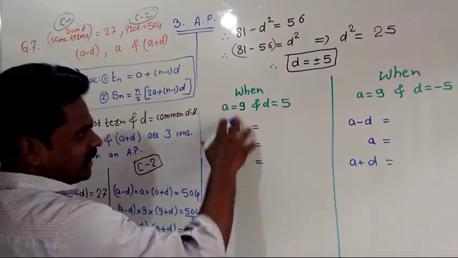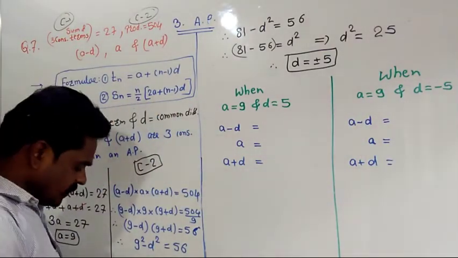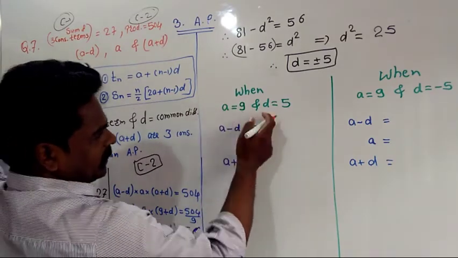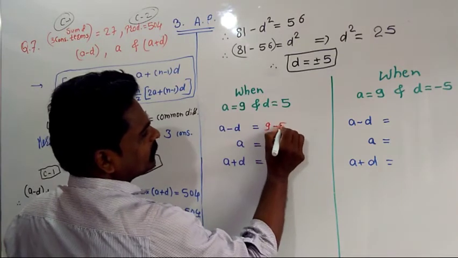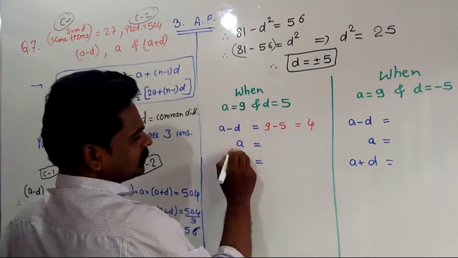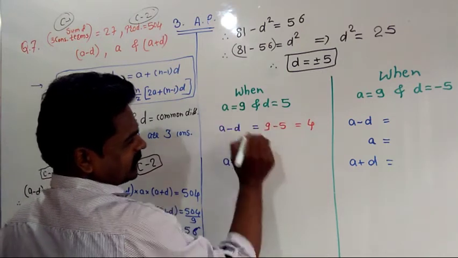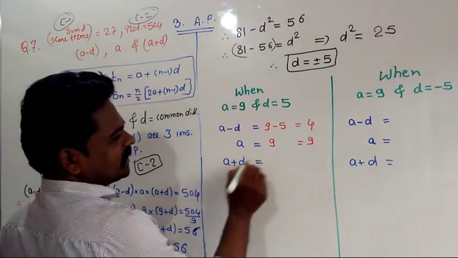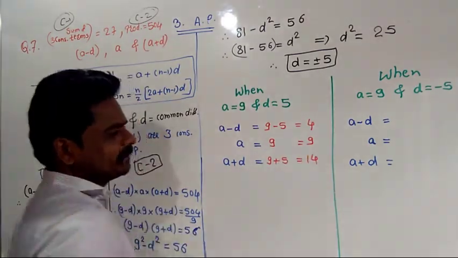Here a minus d, we know a and d, so 9 minus 5 is equal to 4. A is 9, so it is equal to 9 only. A plus d is 9 plus 5, which is equal to 14.